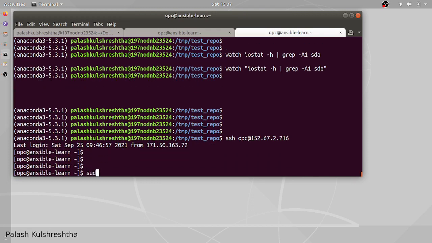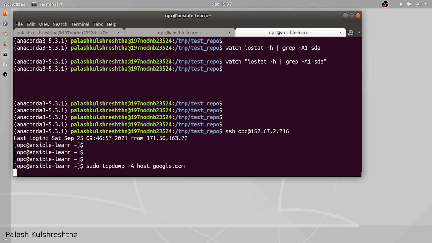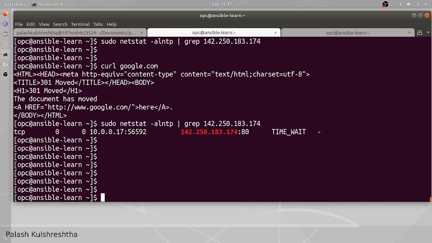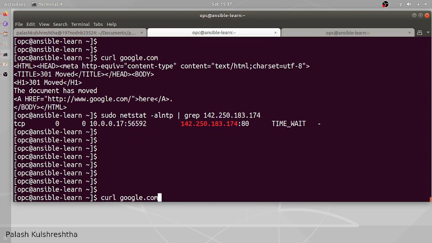So what is the command? sudo tcpdump -A host google.com. Okay, so it is now listening for all TCP connections to host google.com.